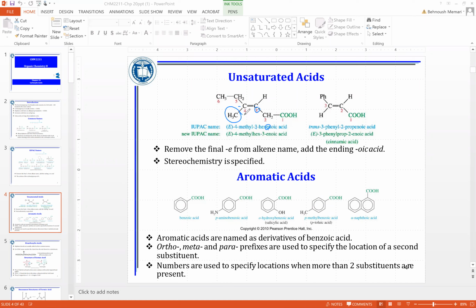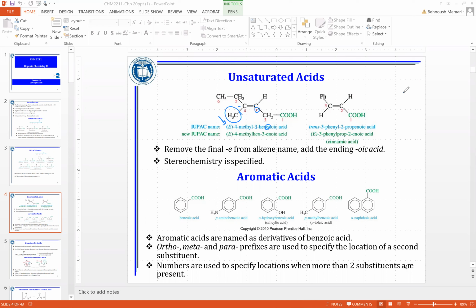Anything that does not take a number after you select your longest carbon chain, any alkyl group that doesn't take a number, would be named as a branch. What is this E or Z? It's coming from the carbon-carbon double bond.